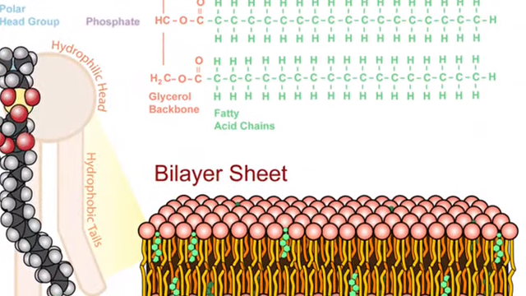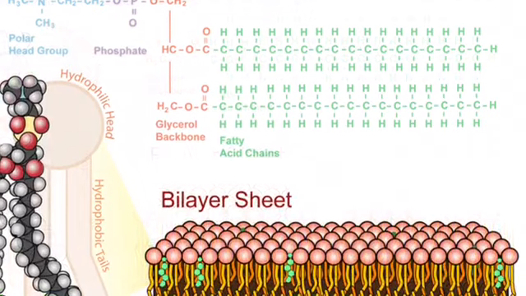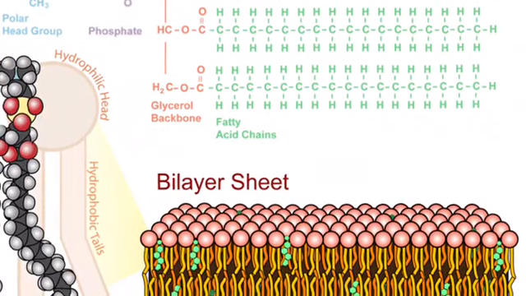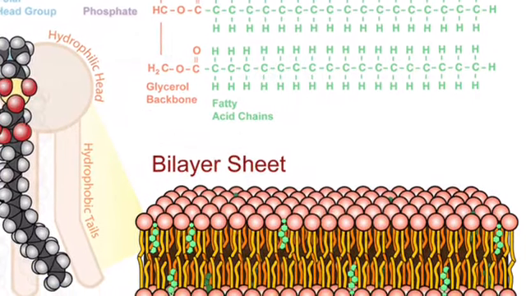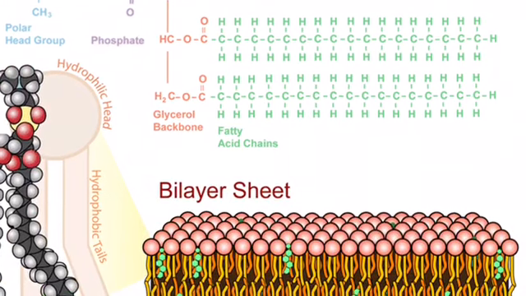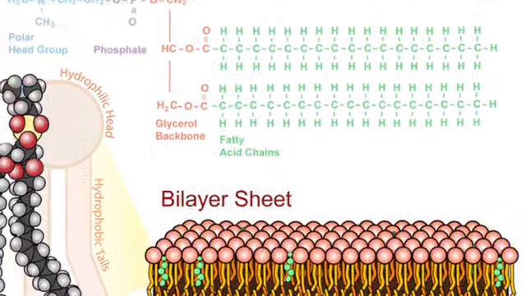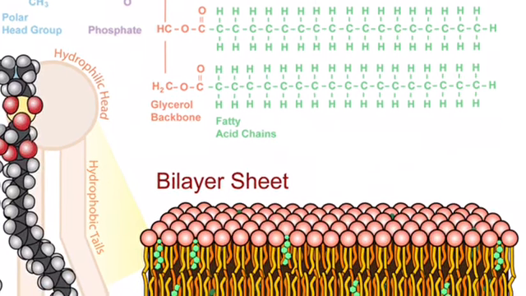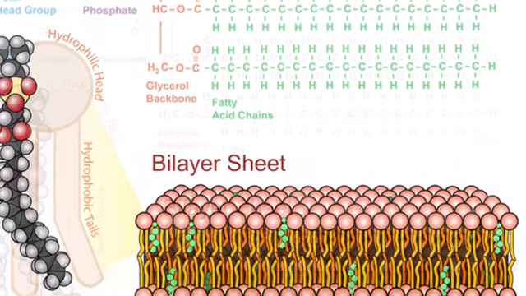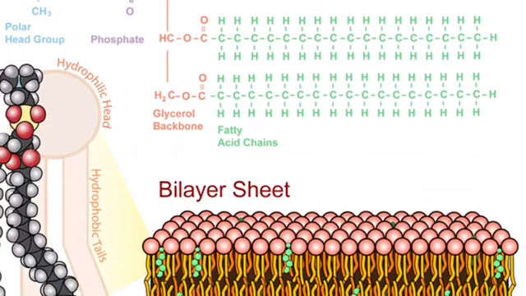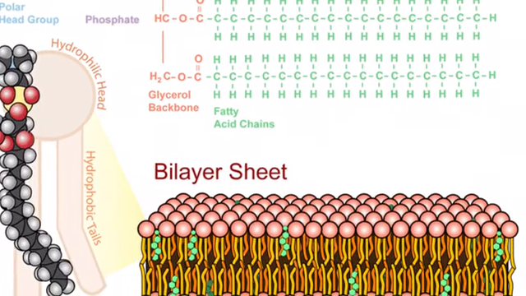It is the hydrophobic region of the plasma membrane, which are the lipid tails, that will attract nonpolar molecules across the plasma membrane. The plasma membrane also contains another type of lipid, and that is going to be cholesterol.